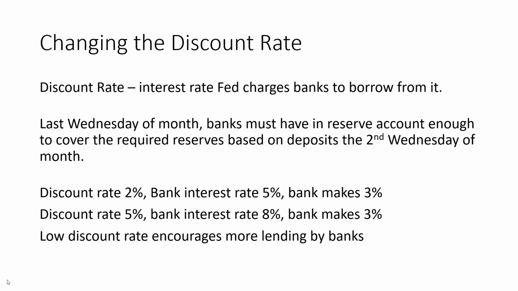Now, this is interesting because banks realized that not only could we use these loans to cover our reserves if we made a mistake, but they could also purposely lend out reserves. For example, if the discount rate is 2%, the banks can lend out money at 5%. The bank would still make 3%.